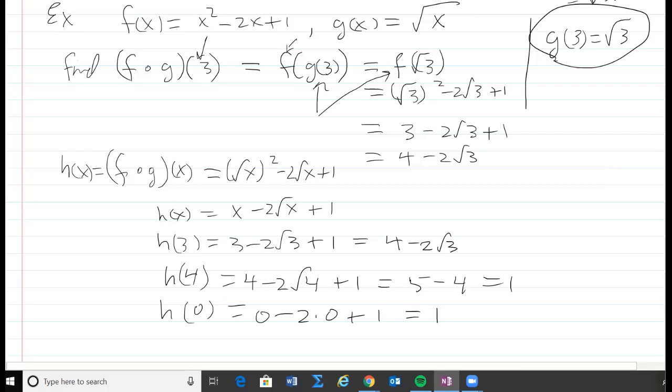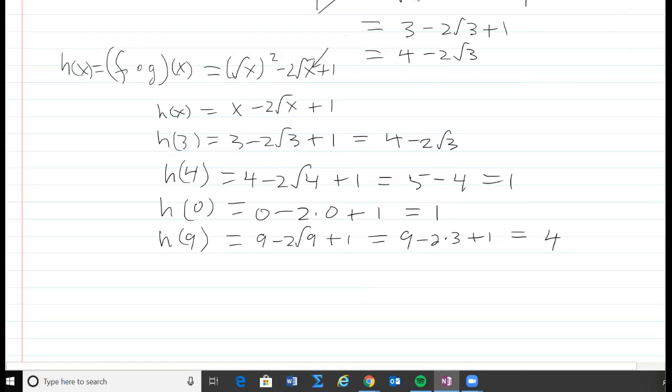That's a 1 also. Notice I'm not using negatives, because I'm not really allowed to use them because of this here. Then h of 9 is 9 minus 2 root 9 plus 1. So 9 minus 2 times 3 plus 1. 10 minus 6 is 4.